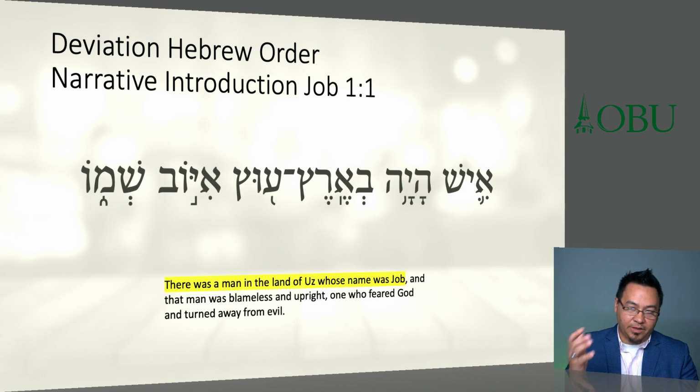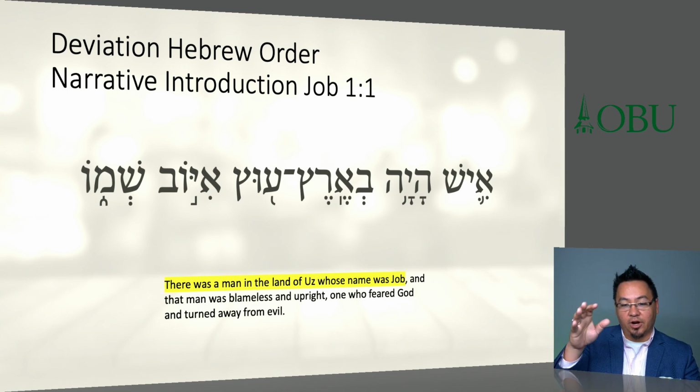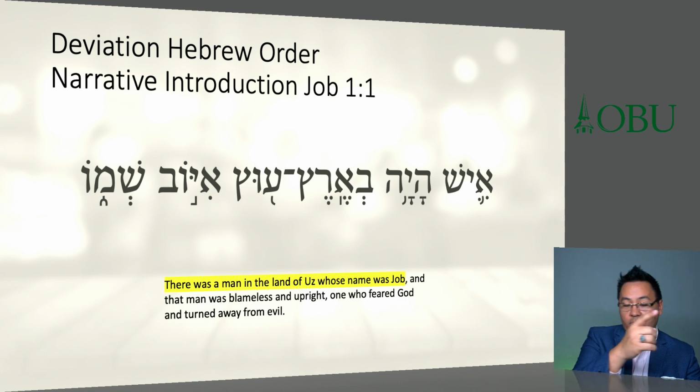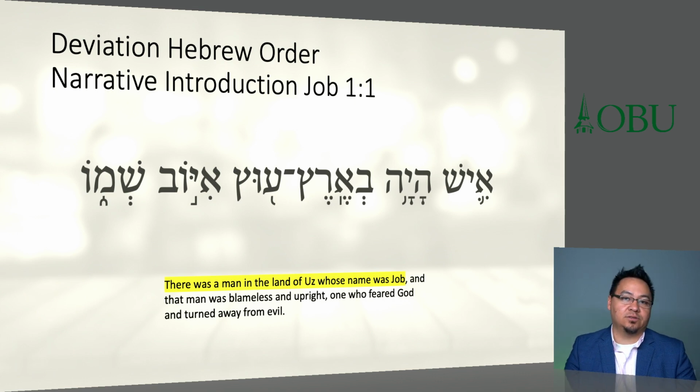I'm supplying the "was" in this instance. So we see subject, ish, man. Then we see verb, hayah, to be. Then we jump all the way over and see who it is. Job is the direct object. Okay, Job is the man that lives in this place here.